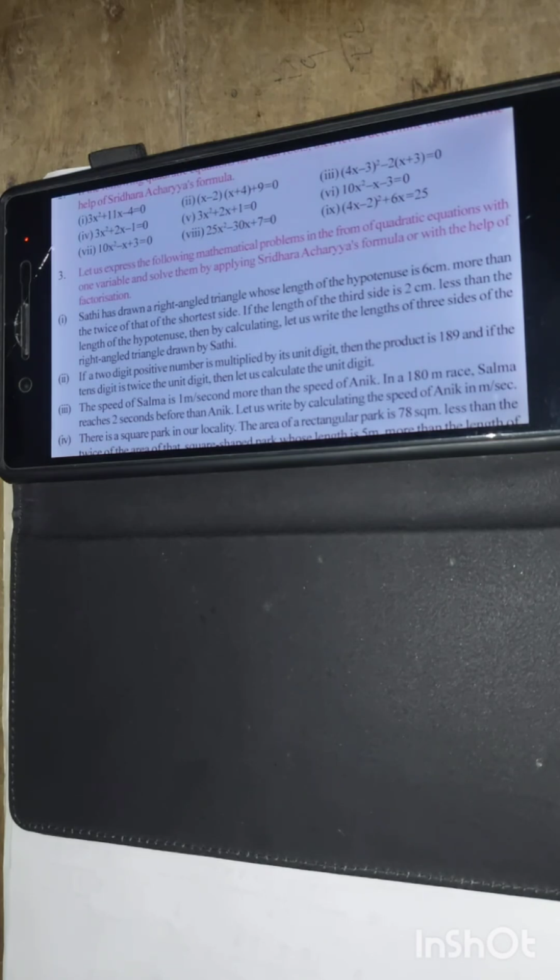Okay, so let us read it again. If a two-digit positive number is multiplied by its unit digit, then the product is 189, and if the tens digit is twice the units digit, then let us calculate the units digit.